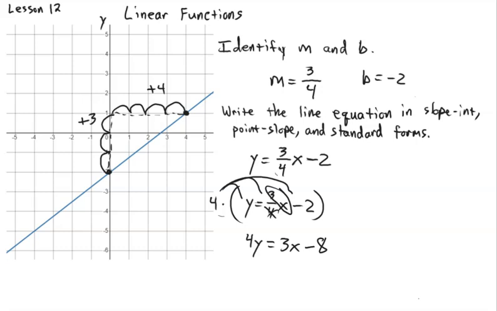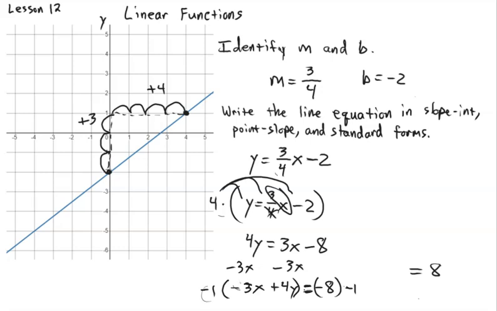Now we're going to subtract 3x from both sides, and we wind up with negative 3x plus 4y equals negative 8. Now here's something really neat that we can do. If we don't like all those negatives, we can actually multiply each side by negative 1, because we're doing algebra here, right? If we do, the negative 8 becomes positive 8.